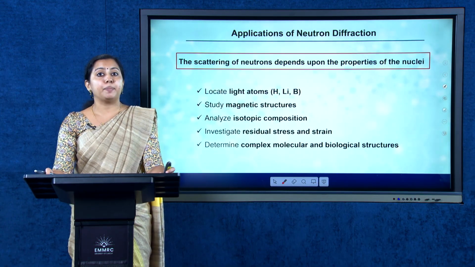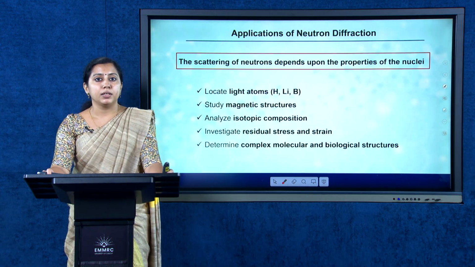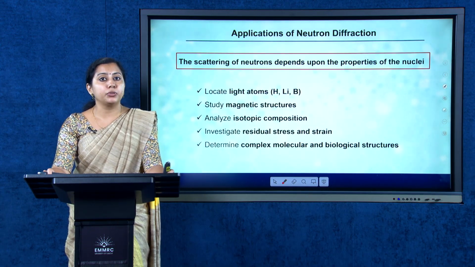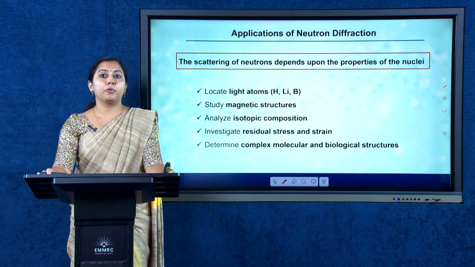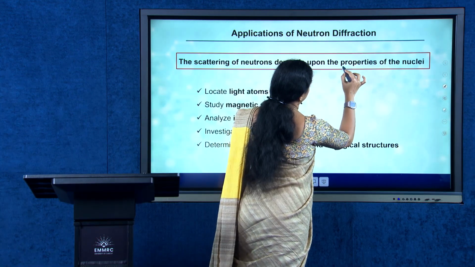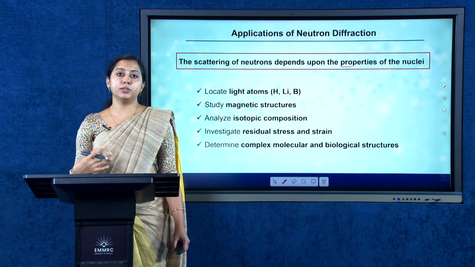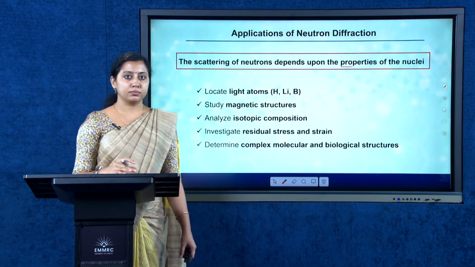Now, let us see the applications of neutron diffraction. The scattering of neutrons mainly depends upon the properties of the nuclei, so each nucleus scatters the neutrons in a different way.